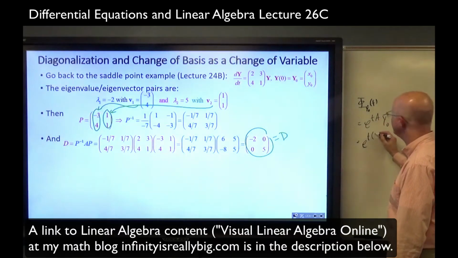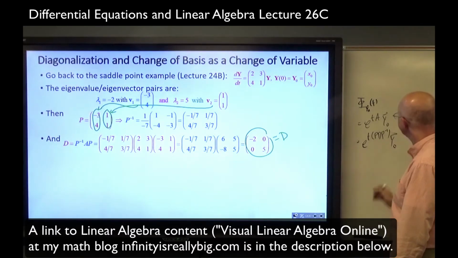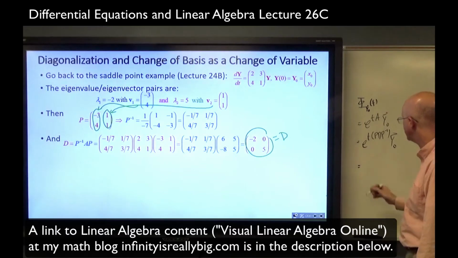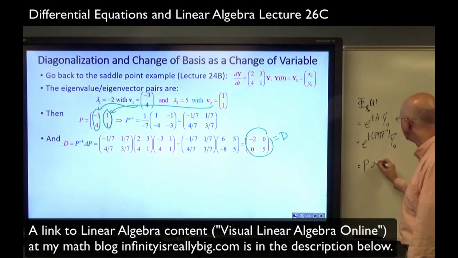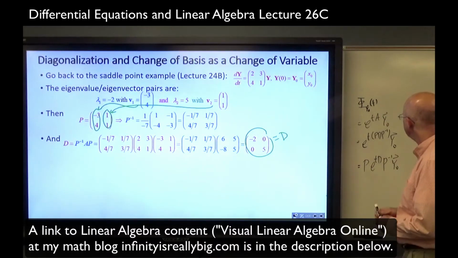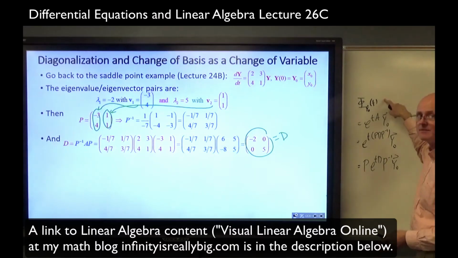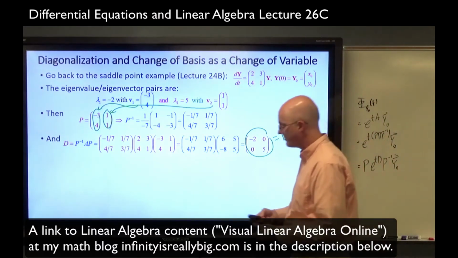A is going to be P D P inverse, where D is that diagonal matrix. And it turned out, using the infinite series definition of the matrix exponential, this is the same as P times the matrix exponential e to the tD times P inverse times y0. e to the tD, since D is diagonal, is easy to find. Just do this product, you've got your answer. You've got your unique solution to an arbitrary initial value problem.